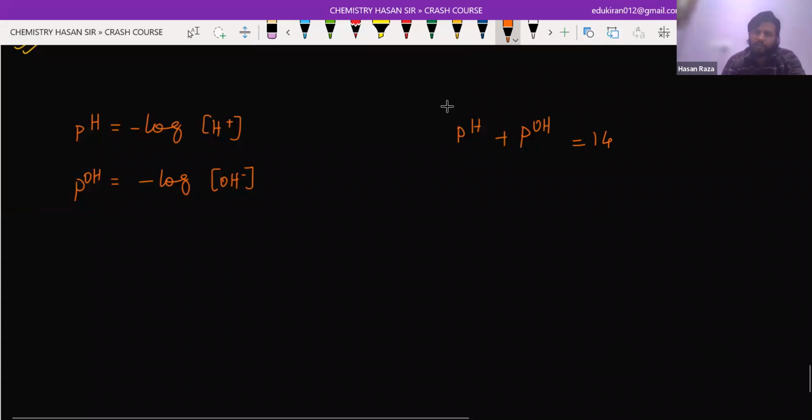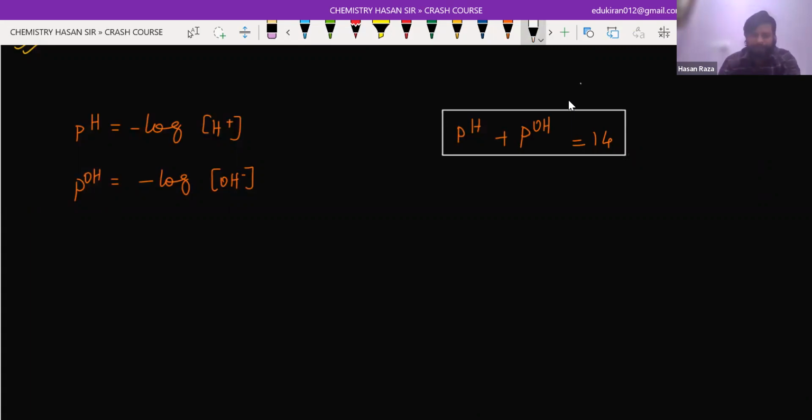You are aware of this from class 10 pH scale, from 1 to 14. The sum will be equal to 14 only at room temperature. If you increase the temperature, then this sum will also increase.